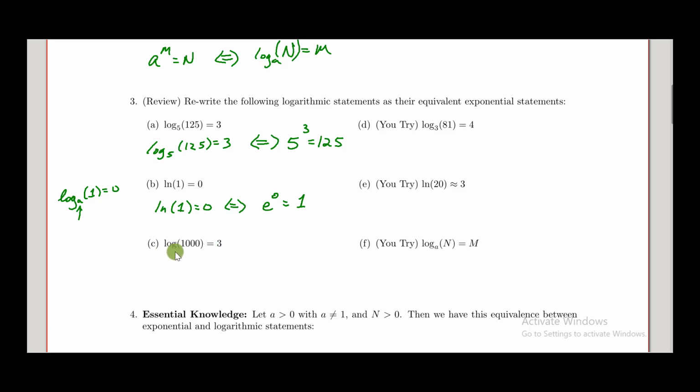Here we've got this statement, the log of 1000 is equal to 3. Sometimes students feel like something's missing here. And just to remind yourself that instead of writing log base 10 of 1000 is equal to 3, we just write log of 1000 is equal to 3. So here the base 10 is implied.